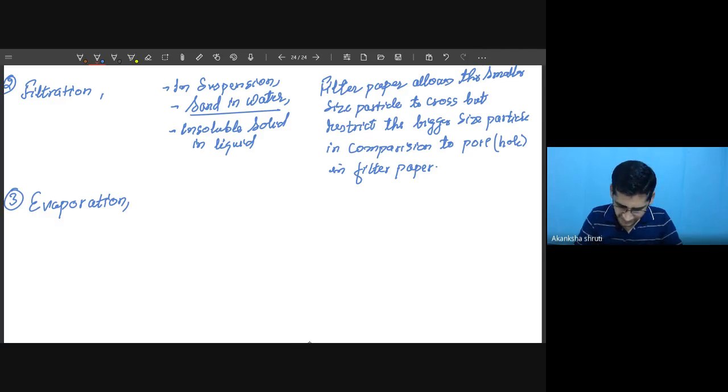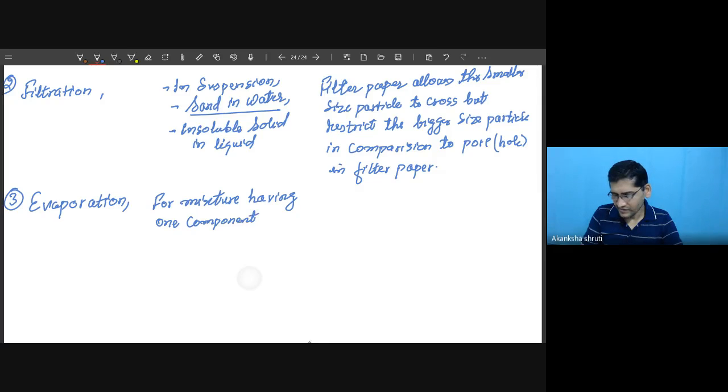So for a mixture having one component volatile, it is called volatile.